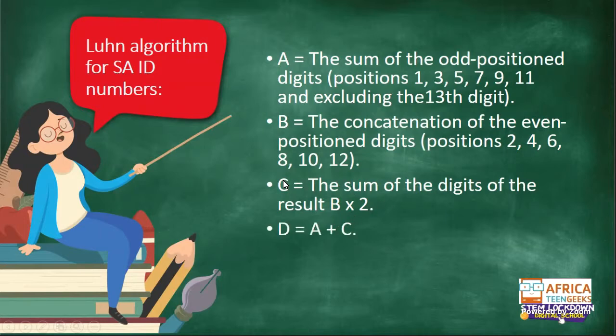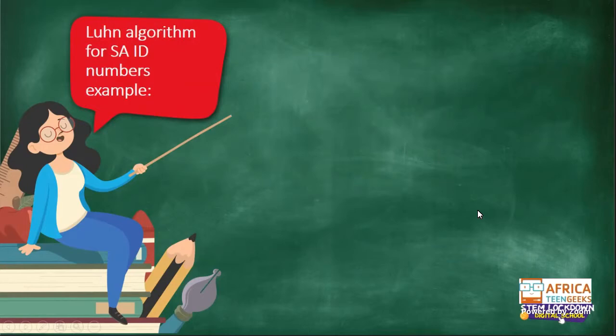Then that gives me an answer in C. I then take C and add it to my answer in A, and I get D. And then finally, we take D mod 10, in other words, divide 10 into D. The remainder I subtract from 10, and that is the digit that I will be comparing with my 13th digit at the end. So quite a lot of stuff, but that's what we'll be doing after that.